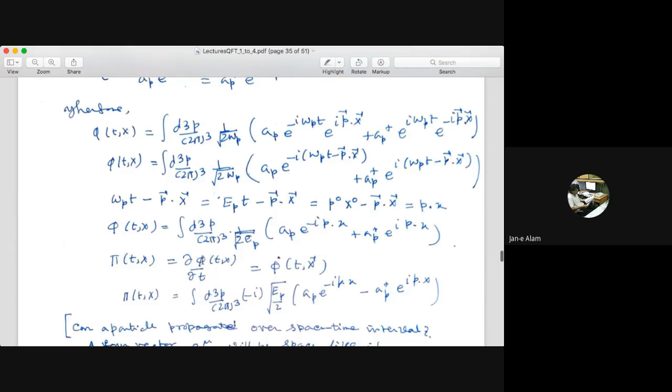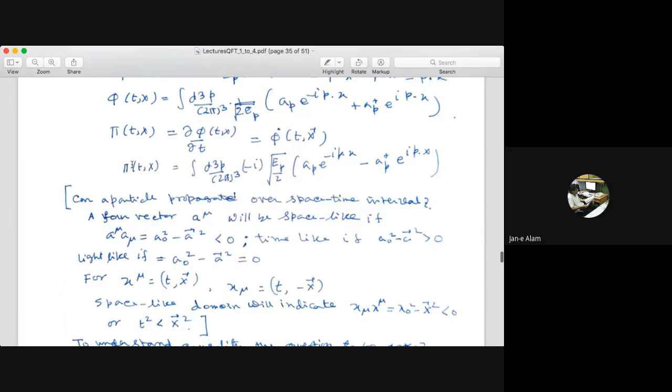So this pi comes as d phi dt; this is equal to phi dot. So if I know the expansion for phi, I can easily take the time derivative of that and get the expansion for the conjugate momentum pi. Then the pi, the conjugate momentum operator, is given by this particular expression, right?